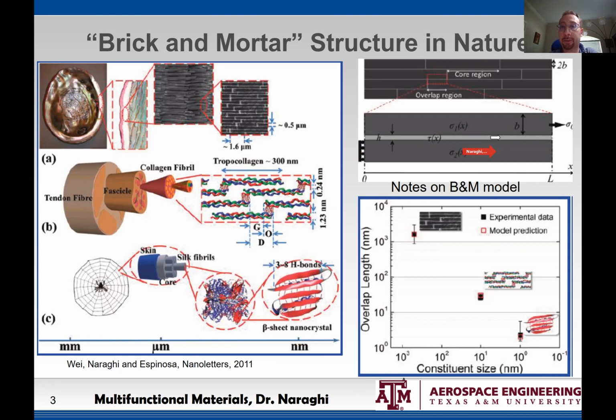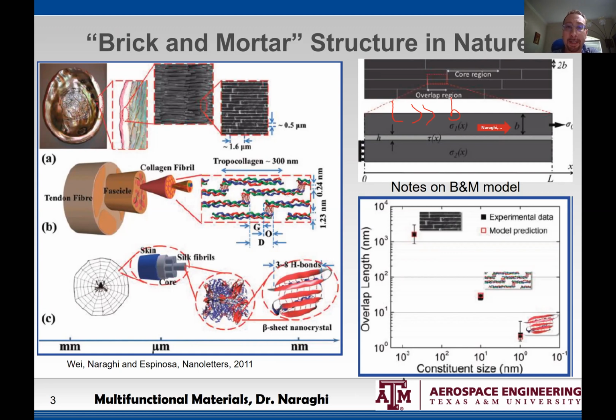It's an approximation of reality. And the mortar is carrying the load in shear. Now, this is an approximation, and it will be true if L, the length, is much, much larger than B. So L is much, much larger than B.